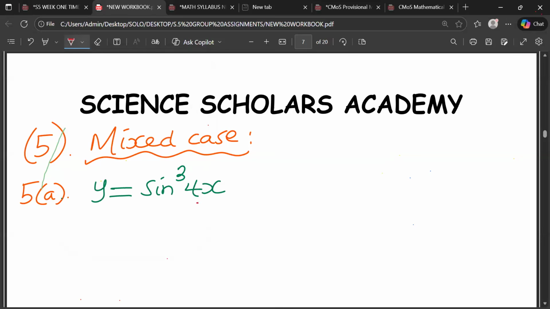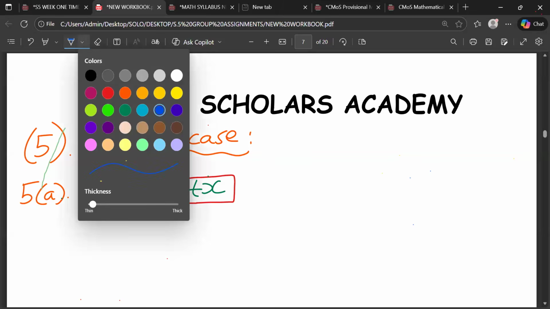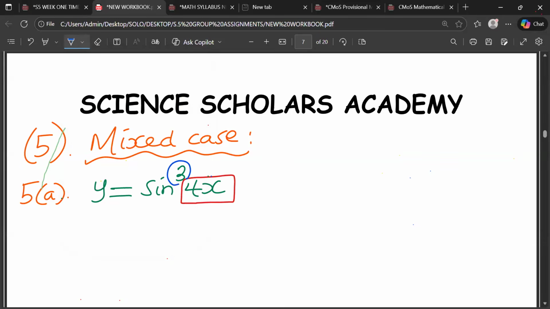How is this one mixed? It is having this angle, which is not x. It is also having this power. You can give it a try. Write the answer in the chat. Let me first give people a chance.